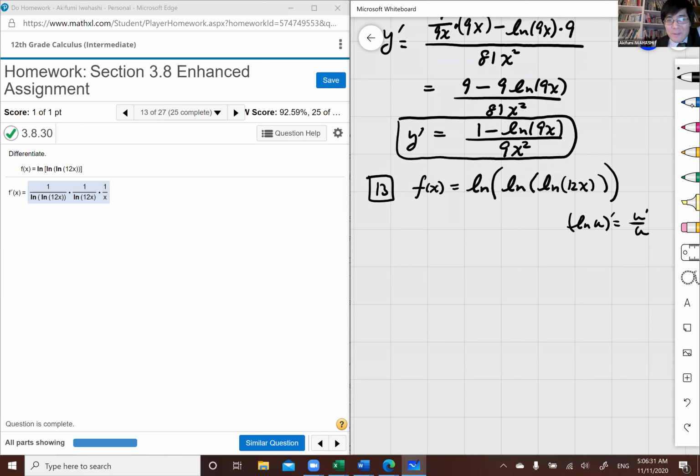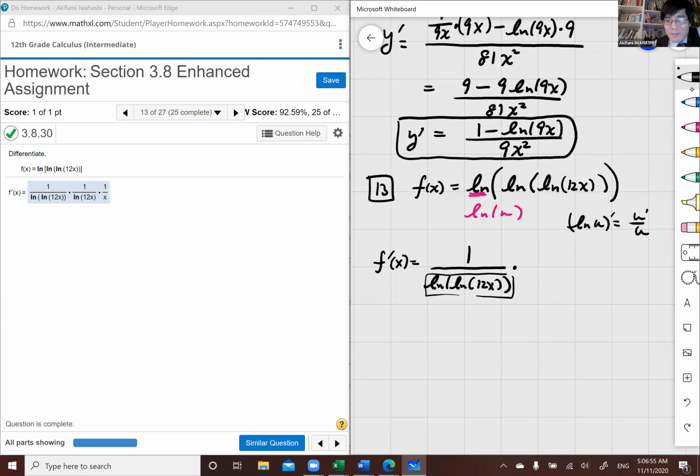So f dash x is basically the derivative of the ln function, it's just a single ln. So it looks like ln of something. So the derivative of that is 1 over u, which is inside, times the derivative of the inside, which is the derivative of this one.